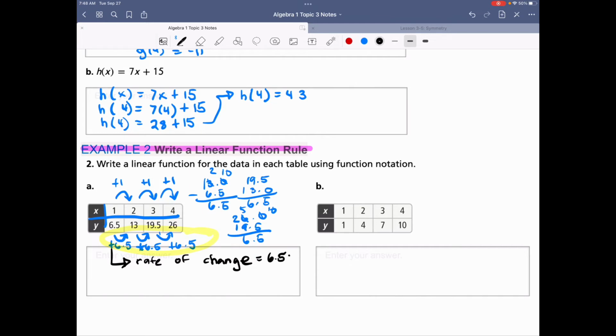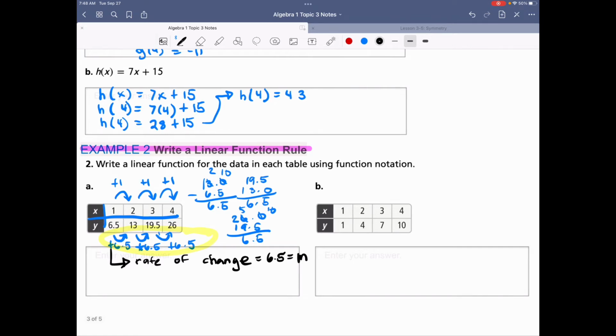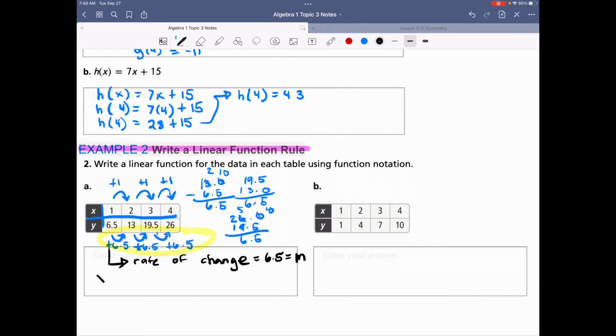This means that it is the slope, or the m, of our function. And our function can be written as f of x equals mx plus b. Now you might notice that this is kind of the same as the slope-intercept form, which is y equals mx plus b.